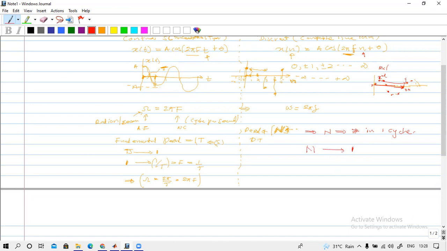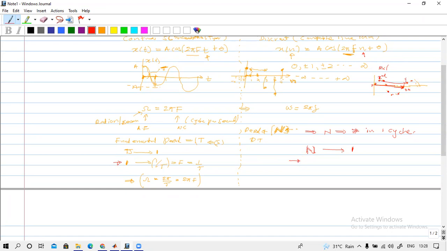So if you want to find how many cycles in one sample, here you find how many cycles in 1 second. Now you want to find how many cycles in one sample.